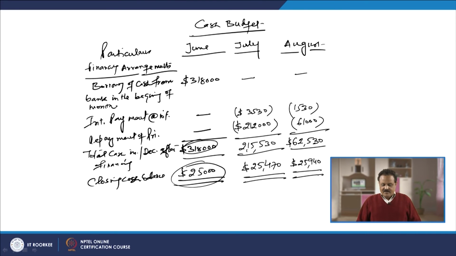So, this is how we prepare the cash budget for the 3 months. Quarterly budget you can say, for the 3 months in this quarter, June, July, August. I talked to you that the master budget has 2 components. One component is the operating budget, second component is the financial budget.